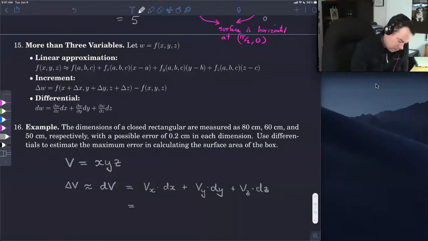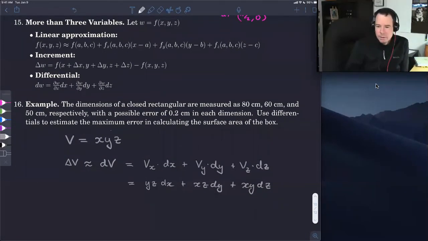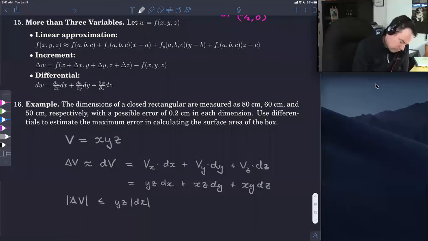And so that is yz dx plus xz dy plus xy dz. So that's what delta v is approximately equal to. That would be what our error is. So at most our error is yz times the magnitude of dx plus xz times the magnitude of dy plus xy times the magnitude of dz.